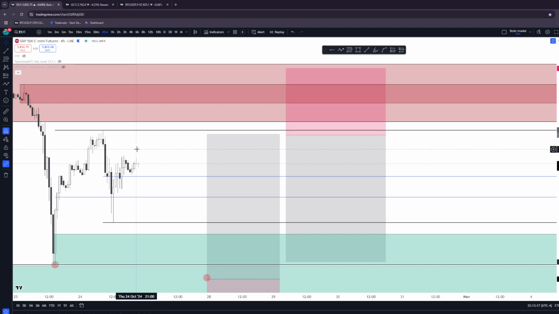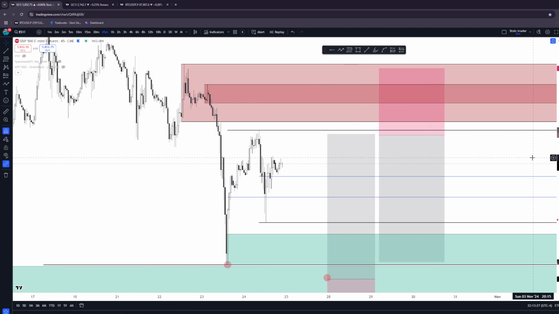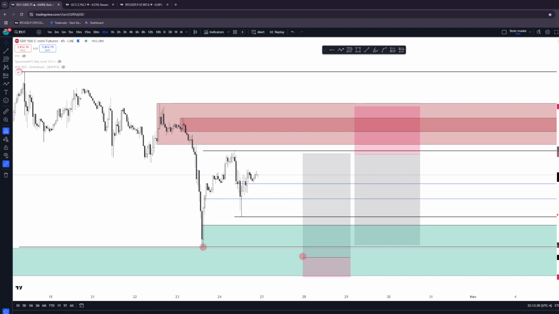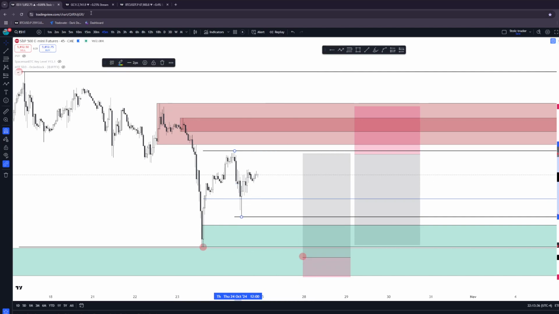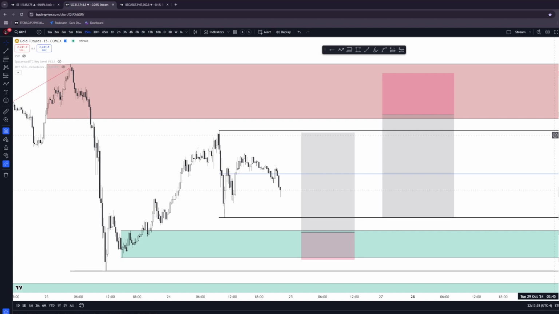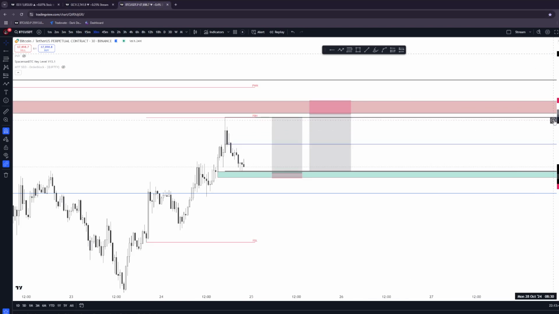I'll be setting alerts here. Let me actually set alerts there. Set alert there. Set alert there. Set alert here. So we'll set alerts here, because I want to know, guys, when price comes into my level. That way I'm not missing these trades.